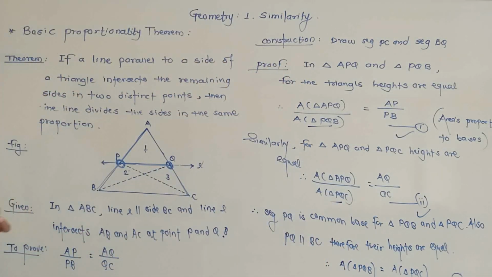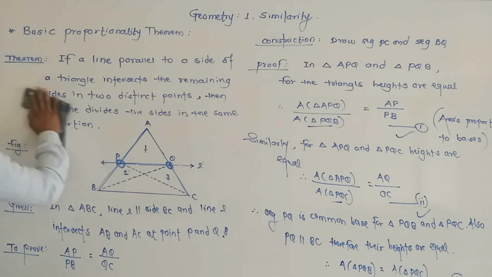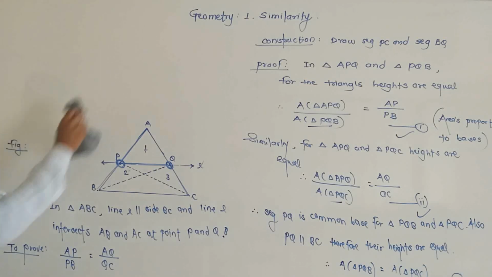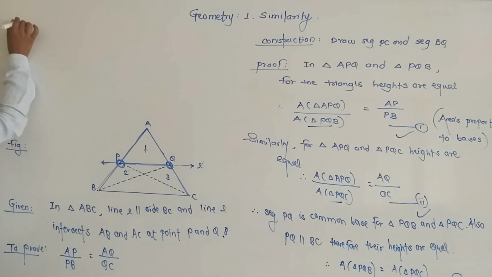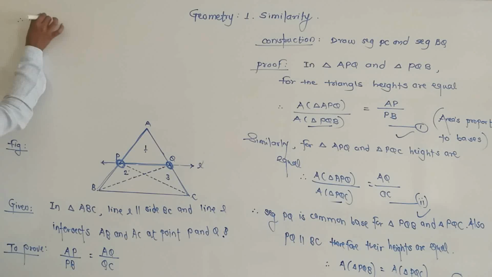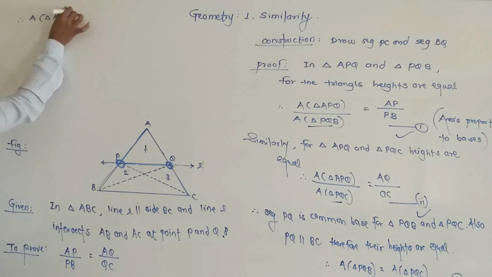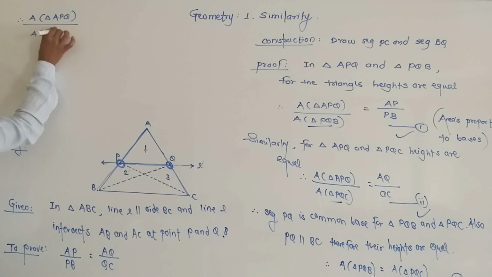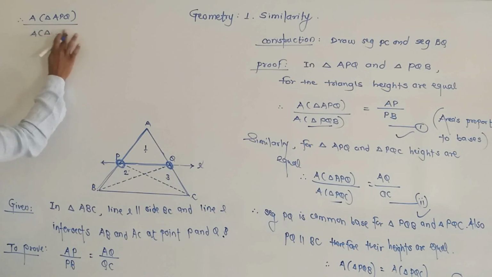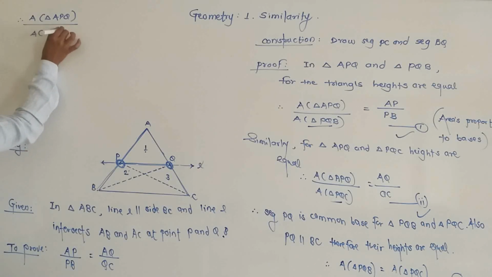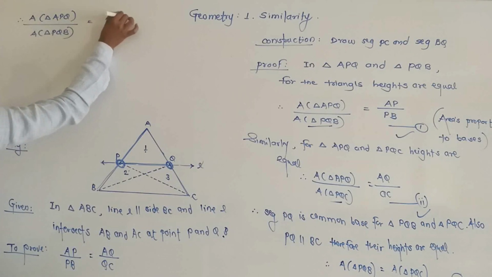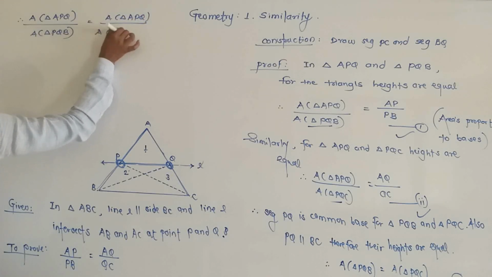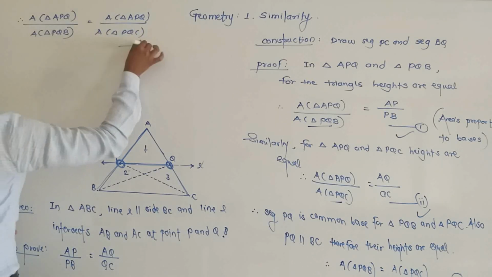And finally, we write it as: from equation 1st, 2nd, and 3rd, we get area of triangle APQ upon area of triangle PQB is equal to area of triangle APQ upon area of triangle PQC.